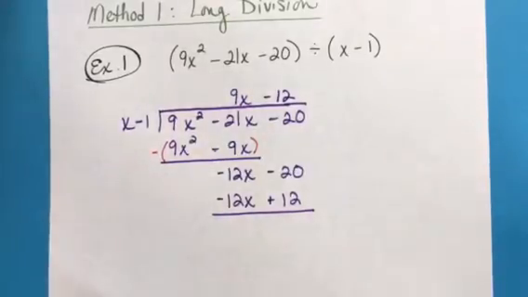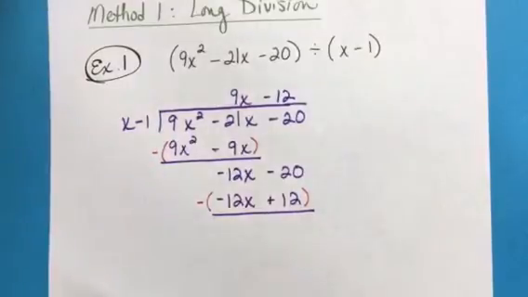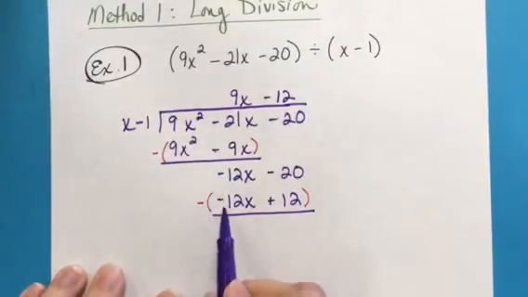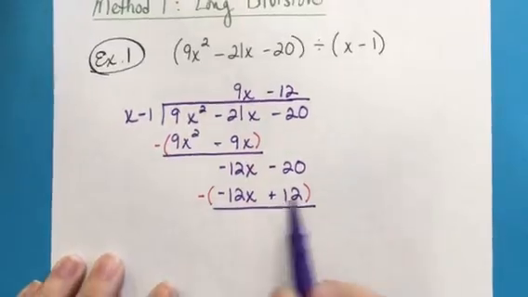Okay, and then we're going to subtract. So -12 minus -12 will give you 0. This first column is going to always subtract to be 0 if you're doing things correctly.